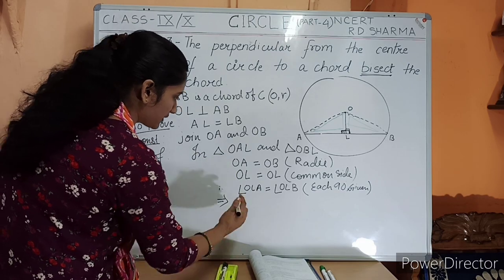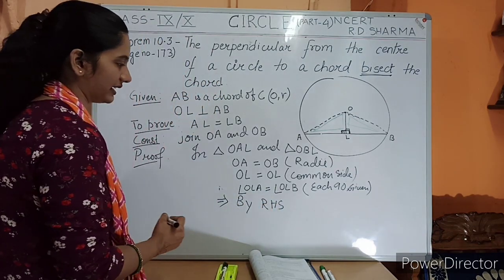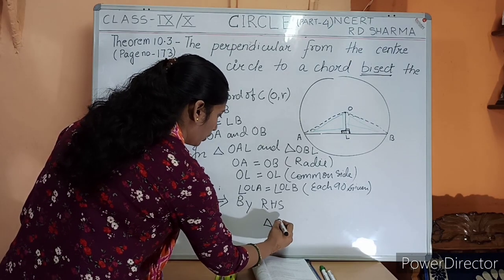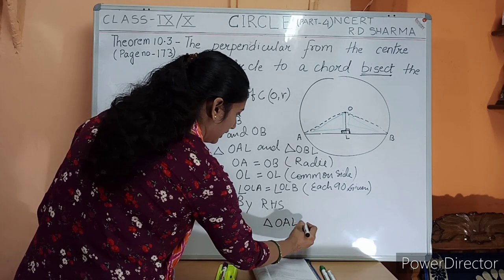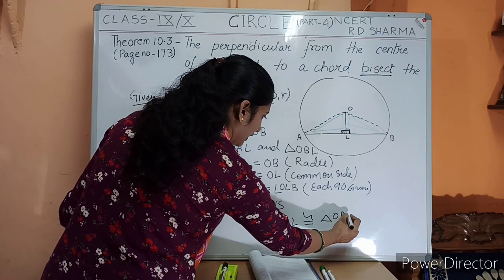So here we will write, by RHS congruency criteria, the triangle OAL must be congruent to the triangle OBL.